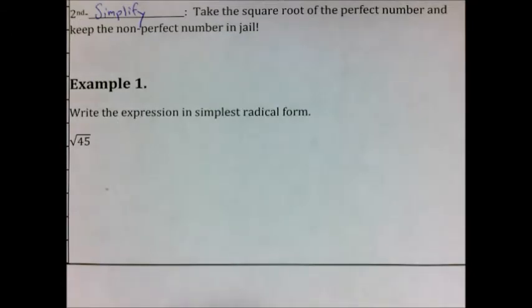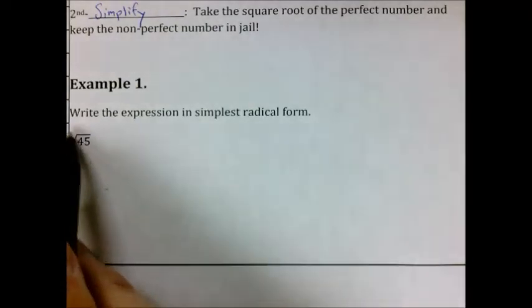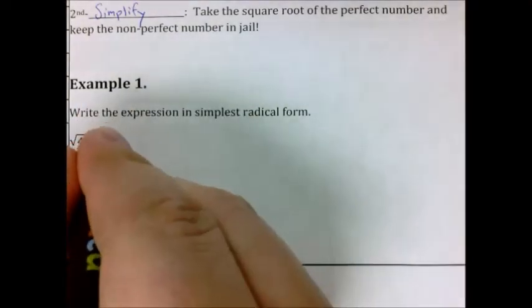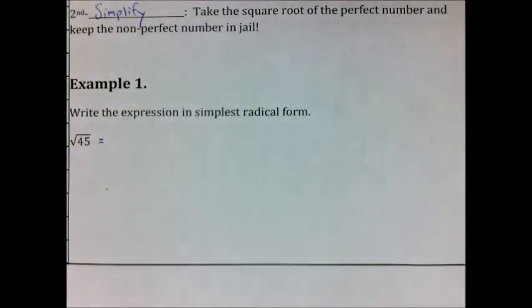If you're a perfect inmate, then you may have a chance to get out of jail. But if you're not perfect, then they're going to keep you in jail. It's the same type of thing here. We've got the square root of 45, and that square root is marking the jail. We need to try to find perfect numbers that can get out of jail. Only the perfect ones can get out.